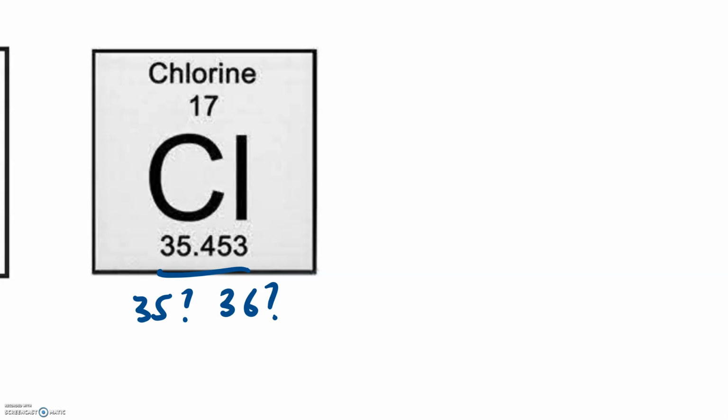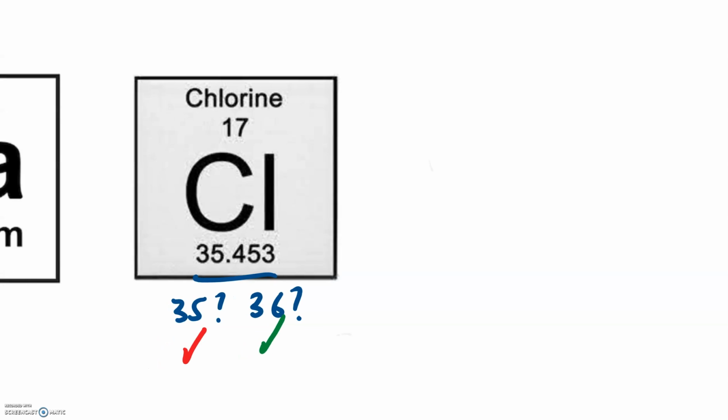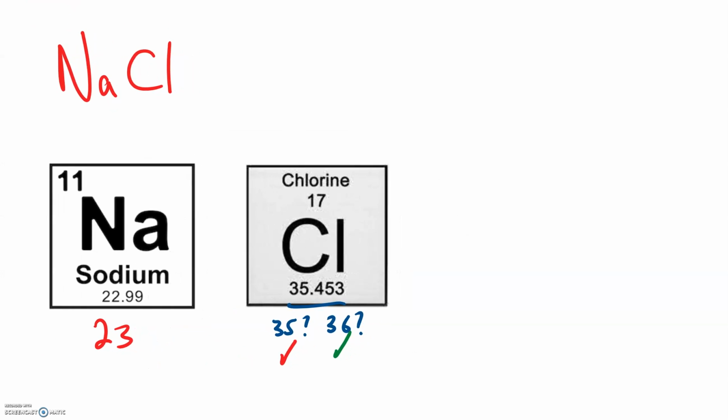You're going to round this to 36. The answer is that both of these are perfectly correct. Some of you are going to round this down to 35, and some of you are going to round this up to 36. Either one is acceptable. So if I was going to ask you to calculate the formula mass for sodium chloride, you would say that we have 1 sodium atom with a mass of 23 grams plus 1 chlorine atom.